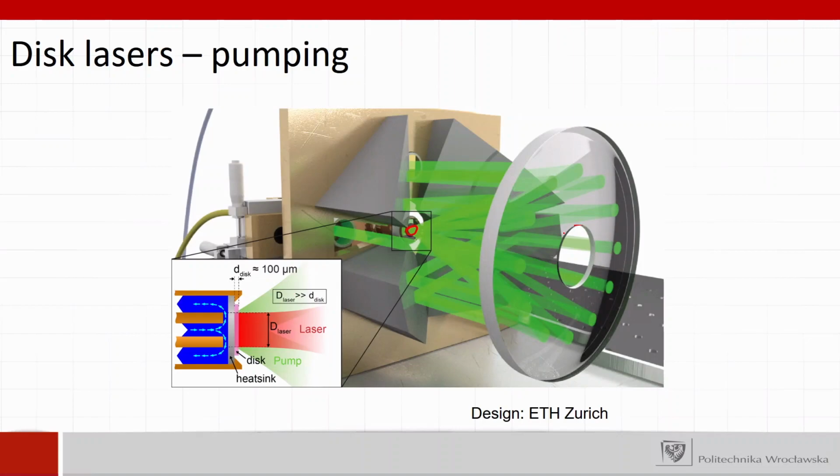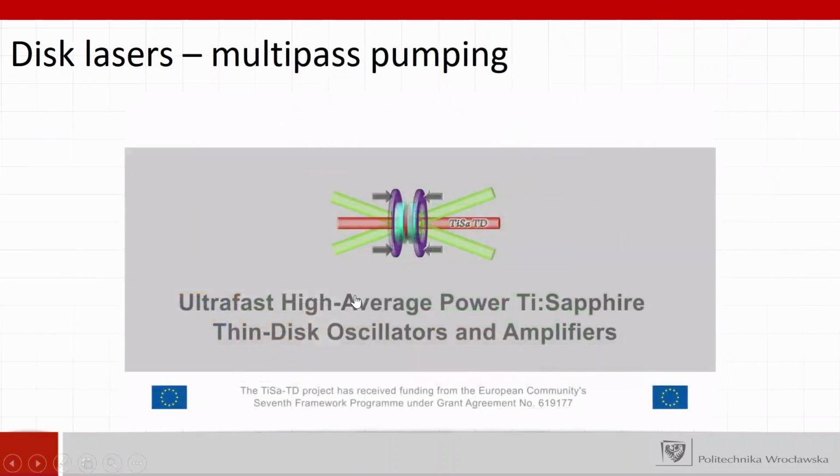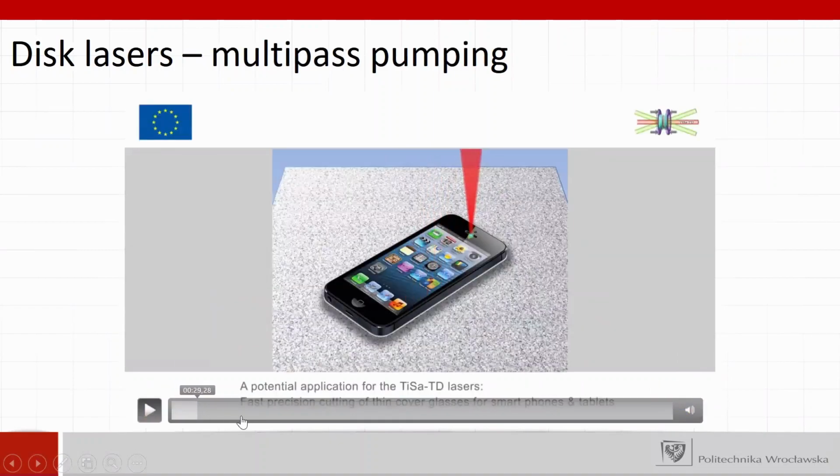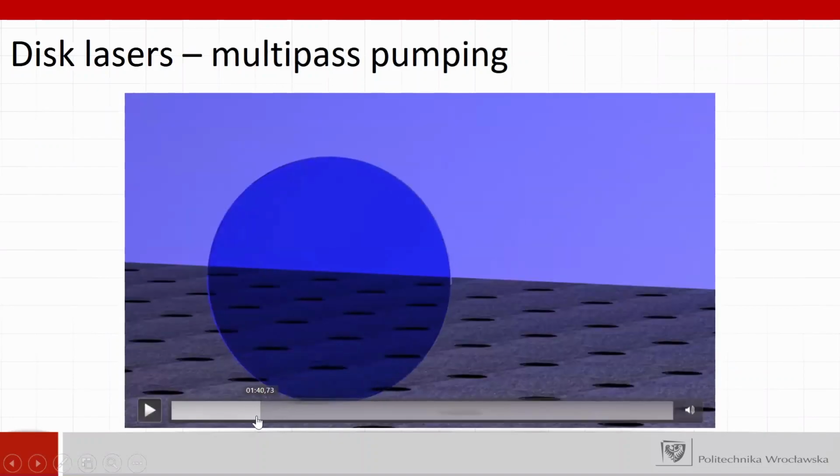So usually you have a hole in this parabolic mirror, which is just the output aperture for the laser light. And I have another movie. I think the important part of the movie is here.